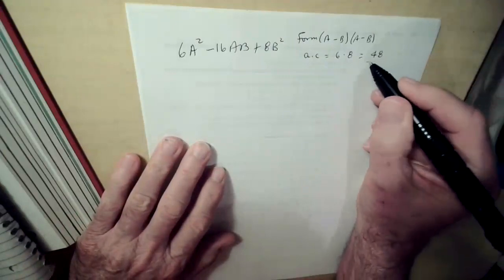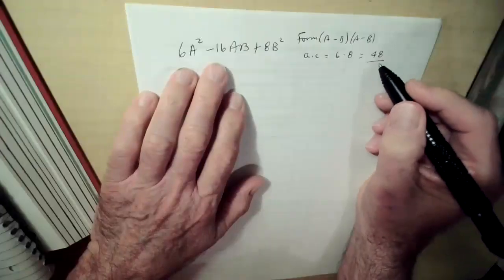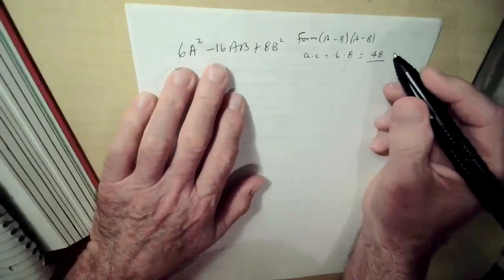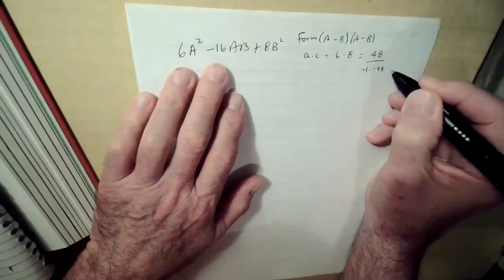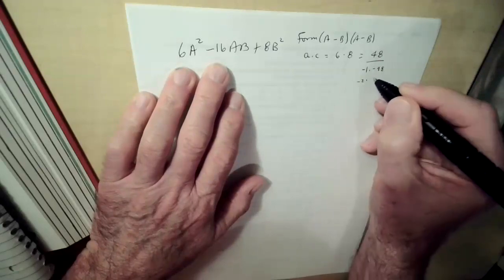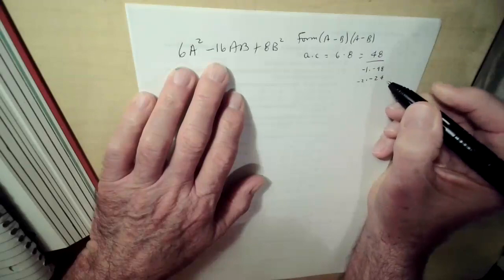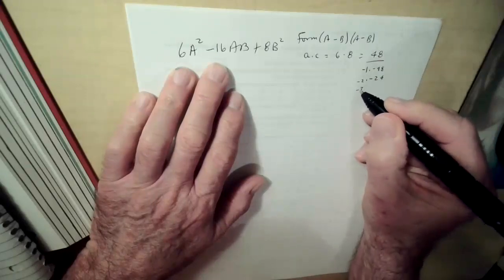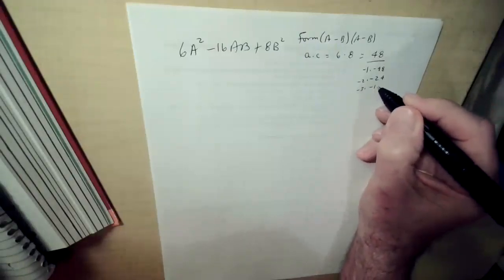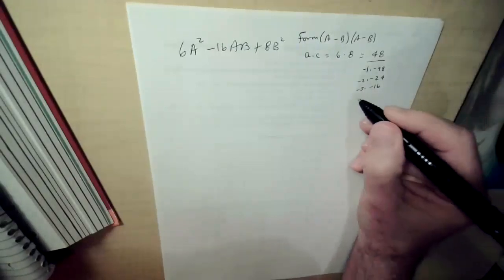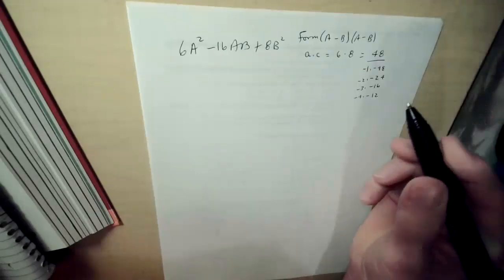6 times 8 is 48. That rhymes. Now we want the factors of 48 that combine together to give us negative 16. Negative 1 times negative 48? No. Negative 2 times negative 24? No. Negative 3 times negative 16?